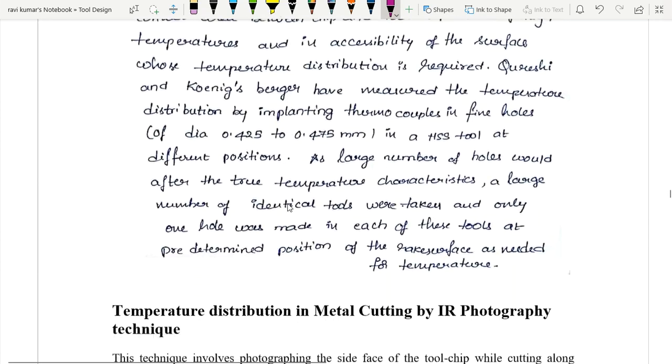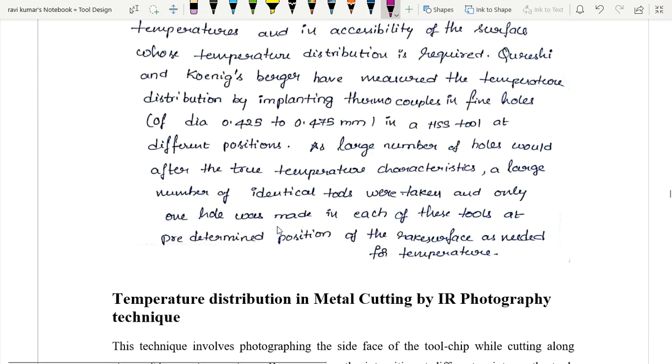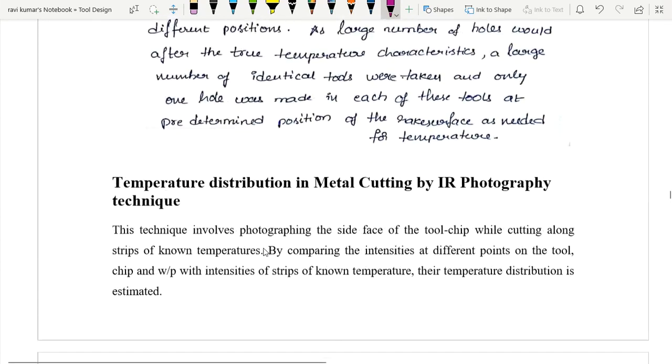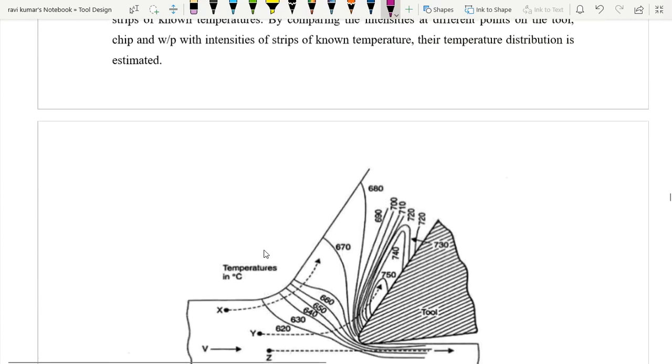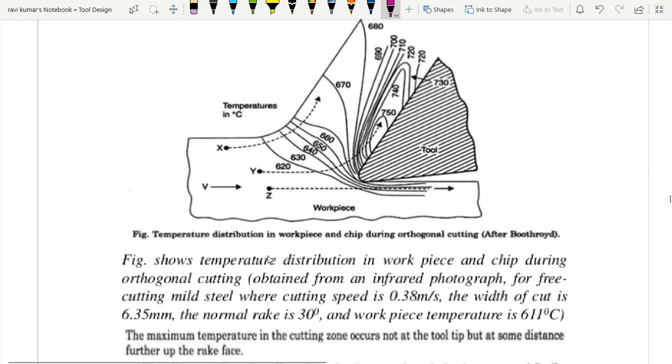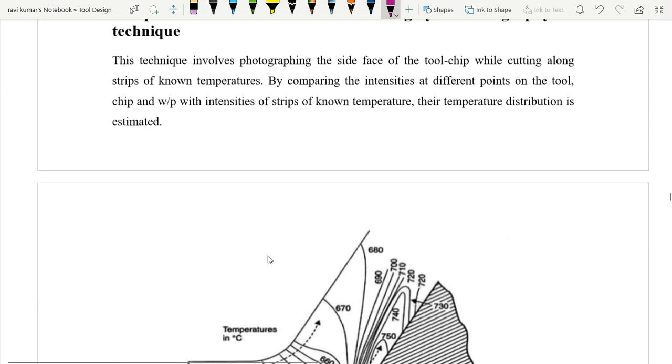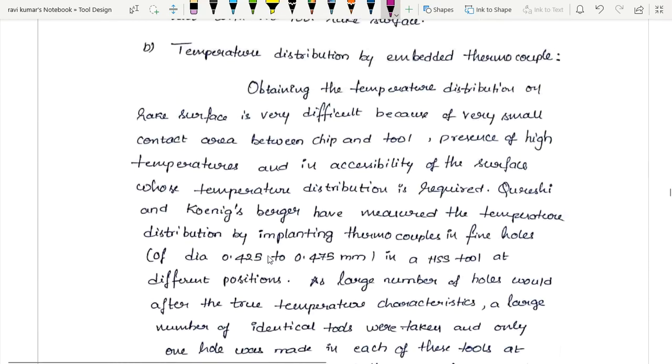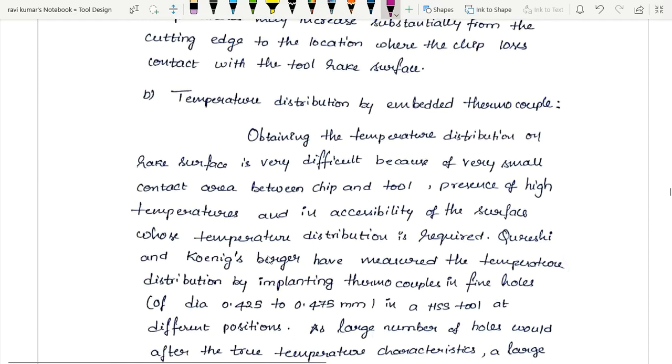However, when I want to know the temperature distribution, I have to go for different methods. One of the methods is the IR technique. Another method is the use of embedded thermocouples. So what is this embedded thermocouple? Say I have this cutting region, say the cutting tool surface, something like this.